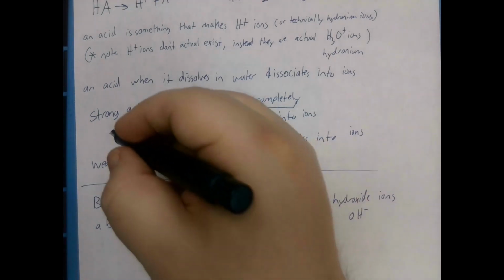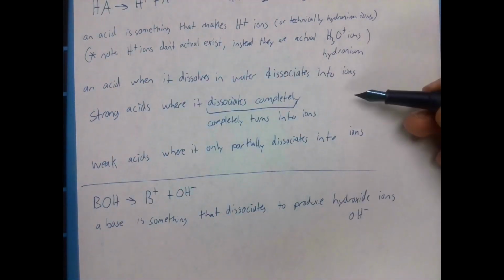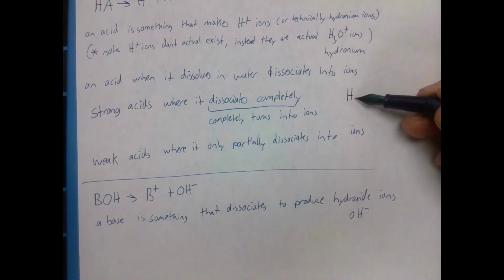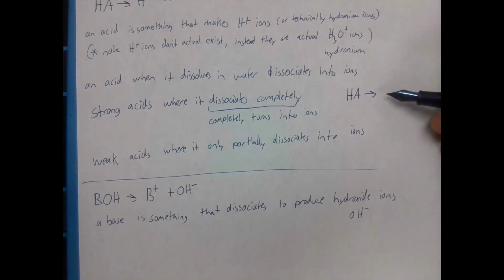So a strong acid will look something like this. HA is going to 100% turn into H plus and A negative, the cation and anion.